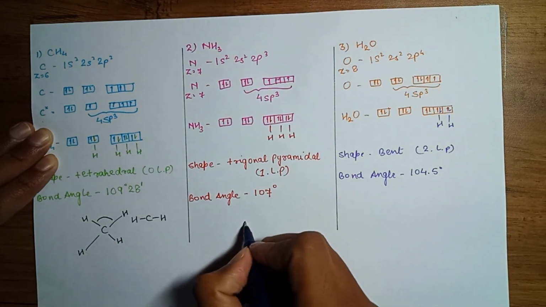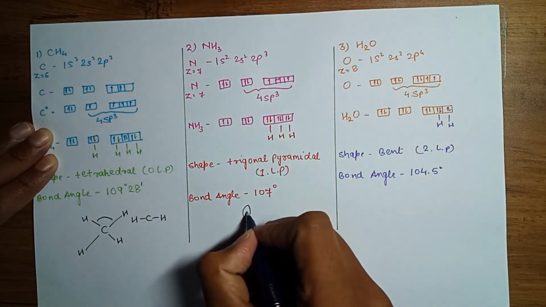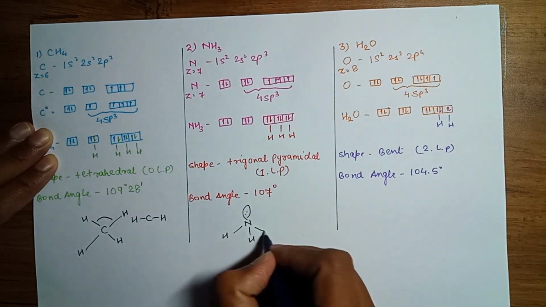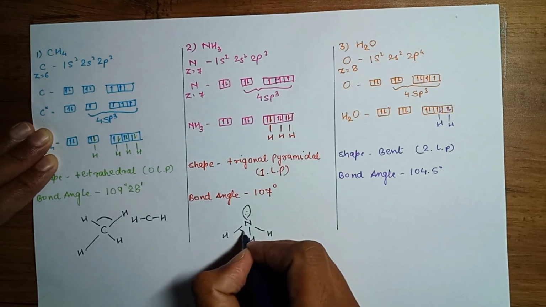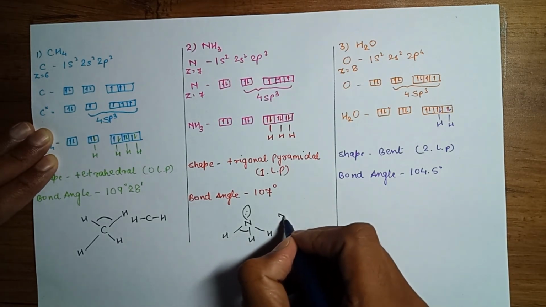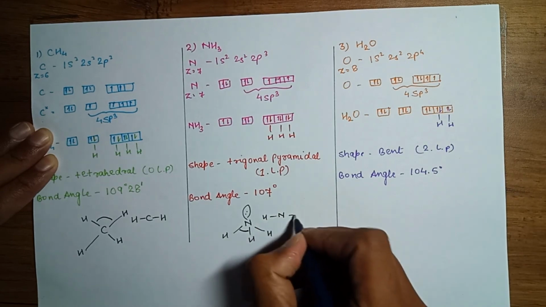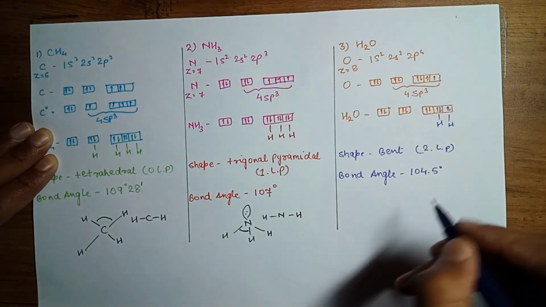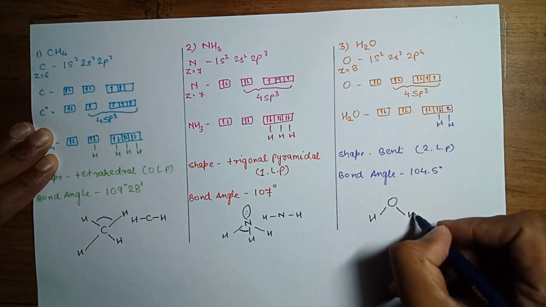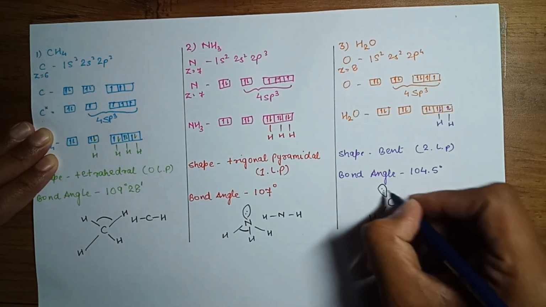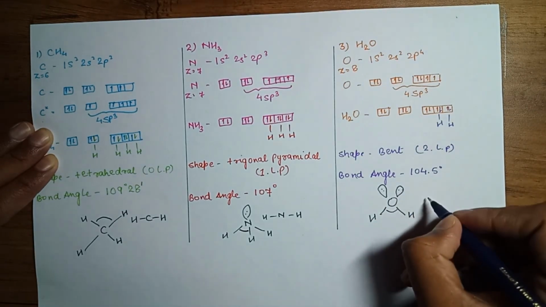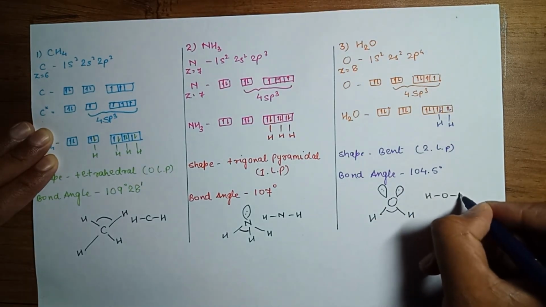Similarly, nitrogen has one lone pair of electrons, with hydrogen, hydrogen, hydrogen. So this is the bond angle, 107 degrees, which is HNH. Same way water, with two lone pairs of electrons, and this is the bond angle, which is HOH.